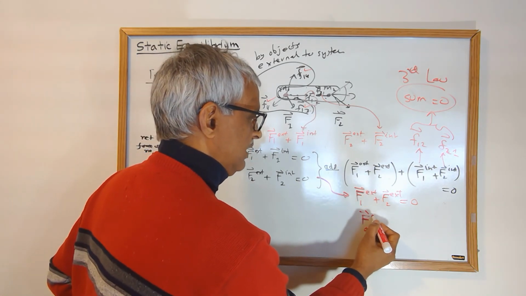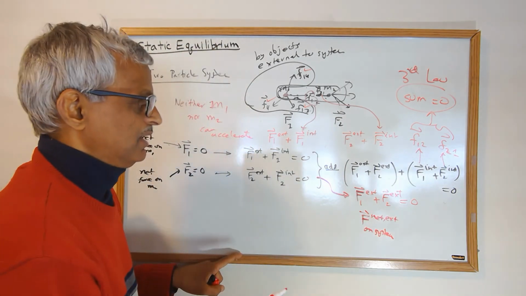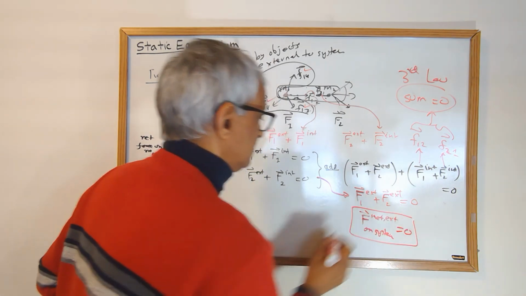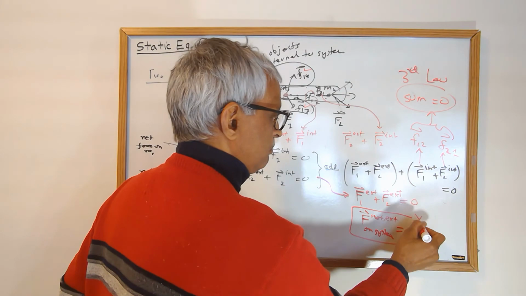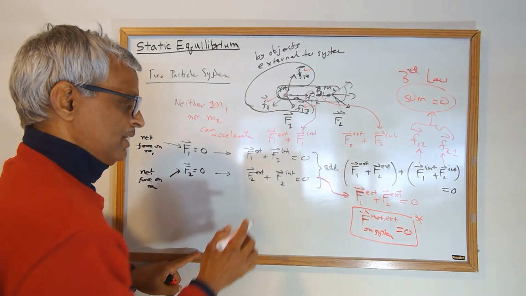The net external force is equal to 0. So this is an important simplification that came from here, and this is what we implement. Okay, so that's one of the rules we can discover.